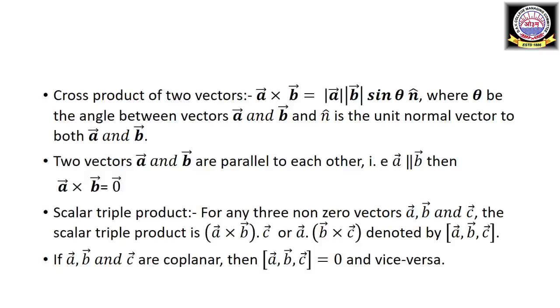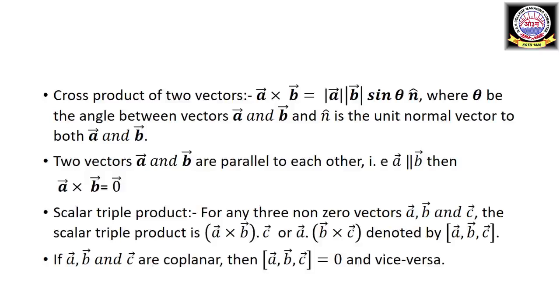And you know A cross B is not equal to B cross A. If the A cross B direction is going, suppose upward, then the B cross A direction will go downward. So A cross B is not equal to B cross A, rather A cross B is equal to minus B cross A. That you know in case of cross product of the two vectors.